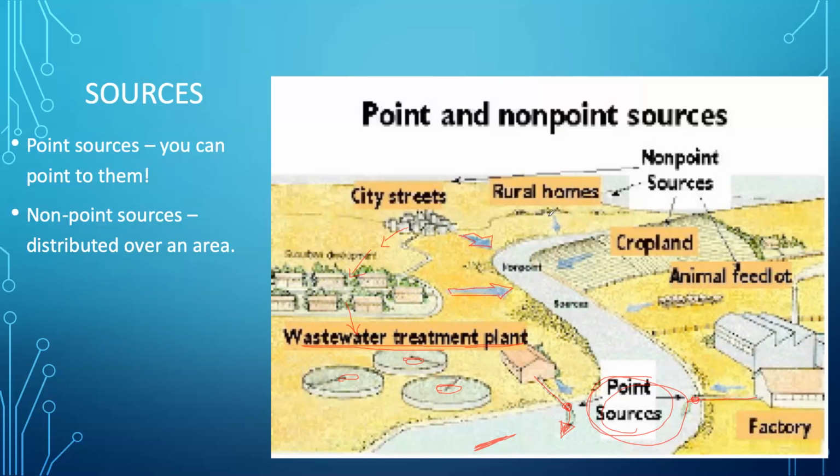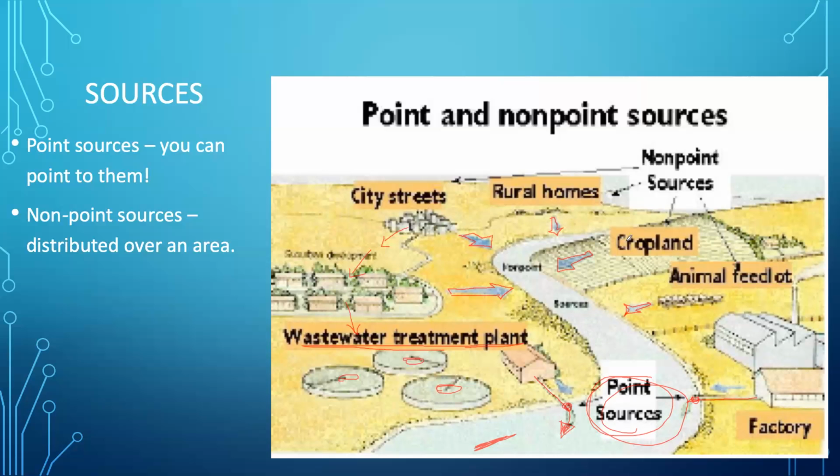There's rural homes out here, and this is showing stormwater leaving the rural homes. And we have cropland where they grow crops. So the leading manufacturer of riding crops comes from this cropland, and an animal feedlot, and the animal poop is collected and makes its way to the river.